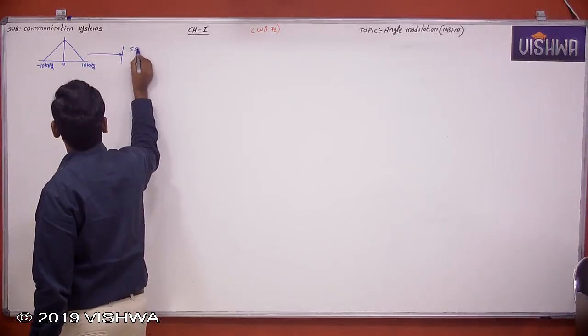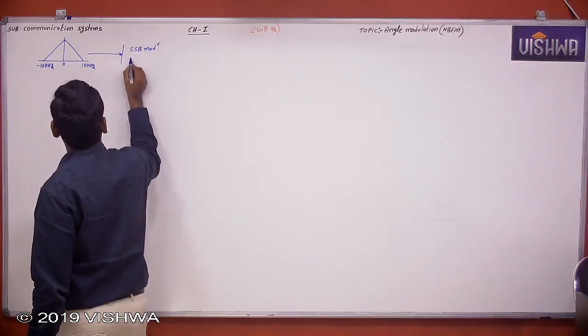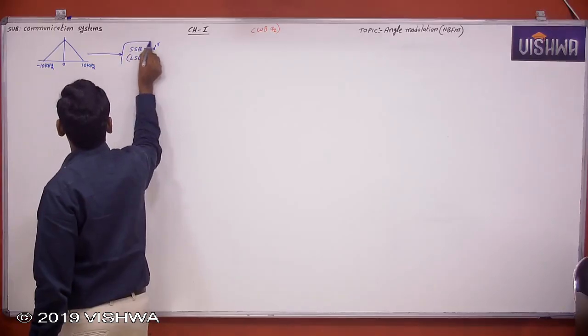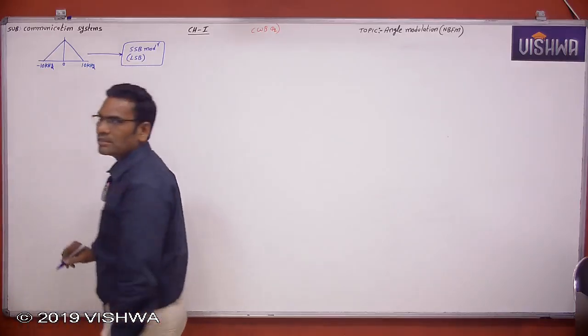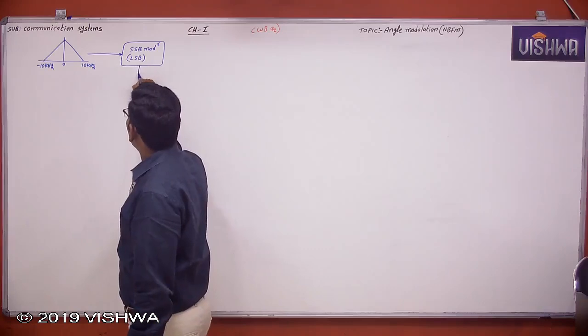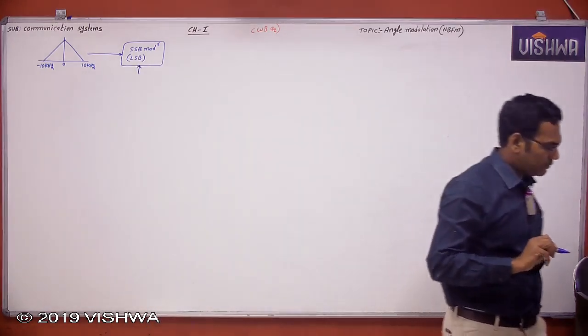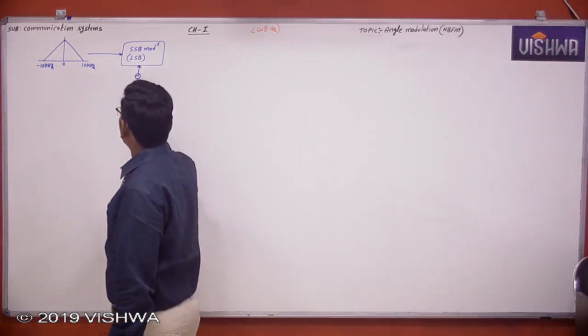SSB modulation can be upper sideband or lower sideband, but he has mentioned strictly here that this is the lower sideband, with a carrier frequency of 1 MHz.